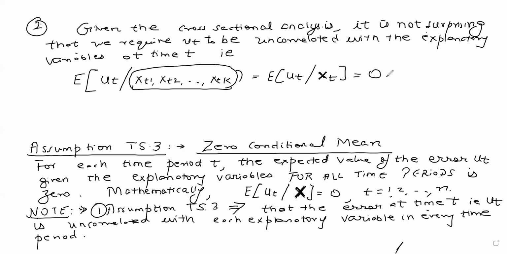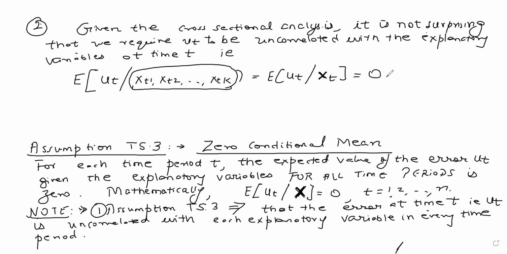That means the population error ut is not correlated with the x's in the past, present, and future. That is what time series is telling us.